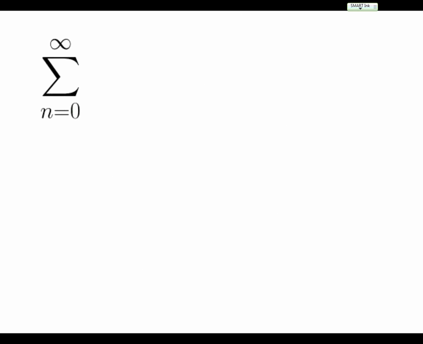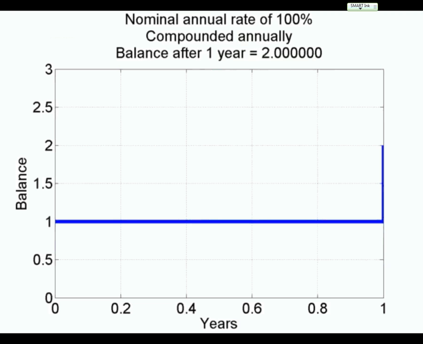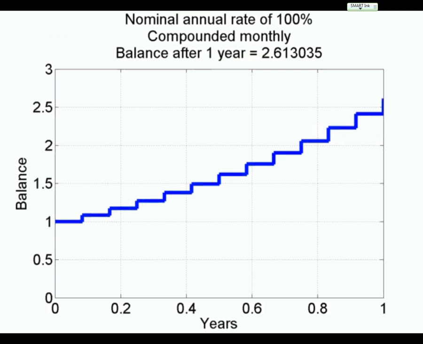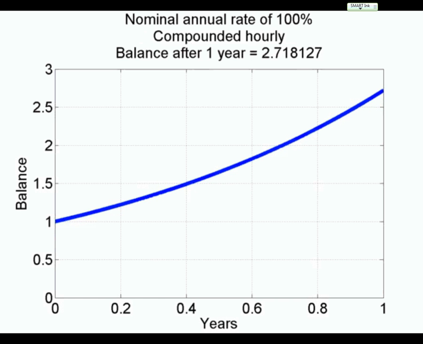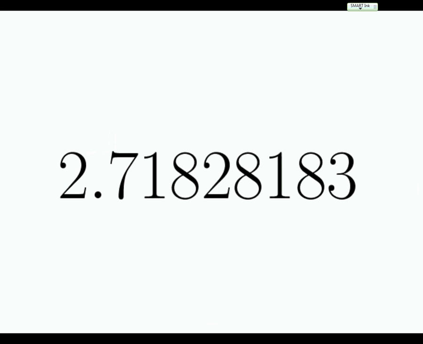2.718281828 is approximately the value of the constant e. The sum from n equals 0 to infinity of 1 over n factorial is e. With compounding interest more frequently, as the number of periods approaches infinity, the limit of (1 plus 1 over n) to the n is e.